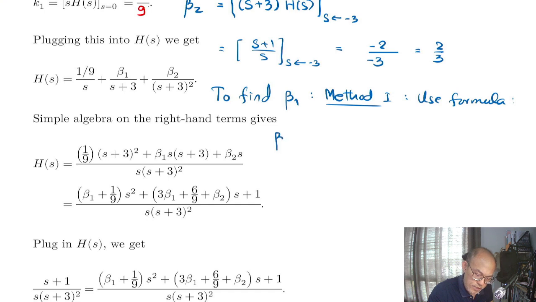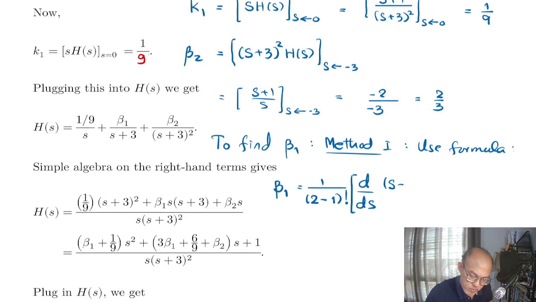So beta 1 will be 1 over, now in this case r is 2 and j is 1, so (2 minus 1) factorial. Differentiate 1 time with respect to s, and we have (s plus 3) squared H(s).